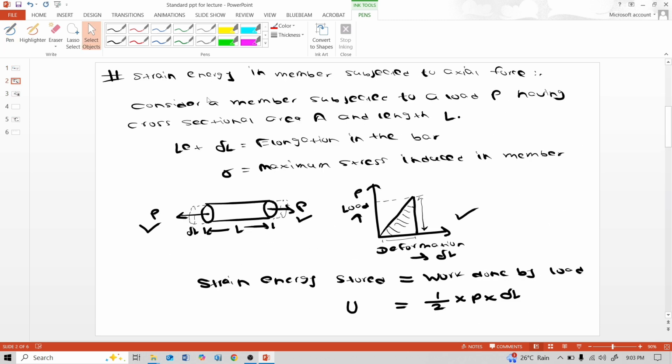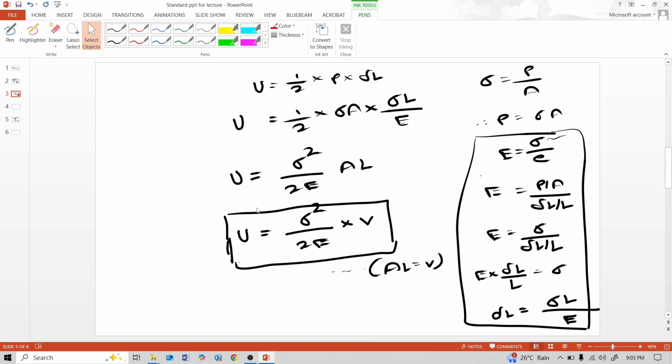Next we will see strain energy in a member subjected to axial force. This is an axial force, or you may call it tensile force P. Due to this tensile force, the strain energy in a member is U is equal to sigma square upon 2E into volume.